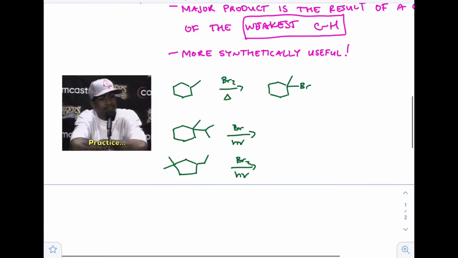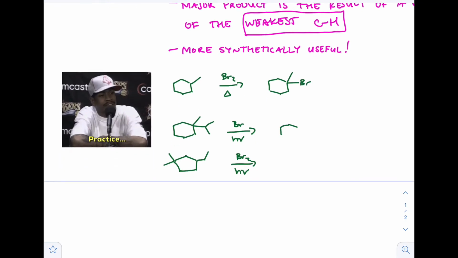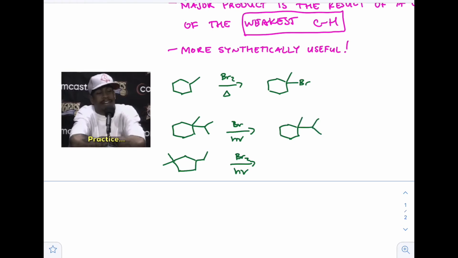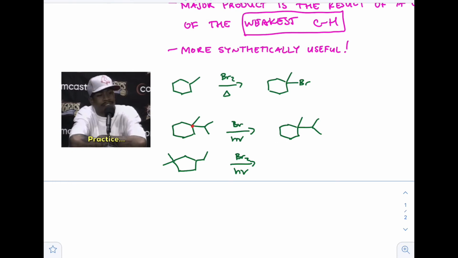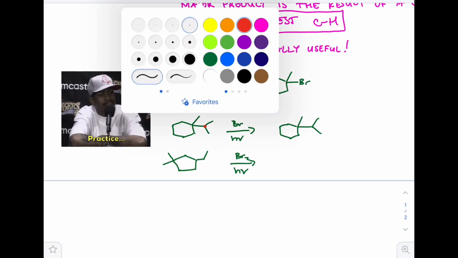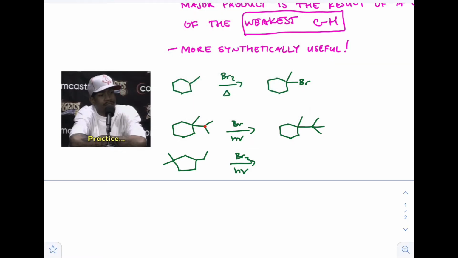Boom, there's the tertiary bromine right there. This one's a little bit crazier, so you have to pay attention. Notice that there's no hydrogen on that highly substituted position. But there is a hydrogen at this position, highlighted in red. Hopefully you can see that. That is a tertiary position.